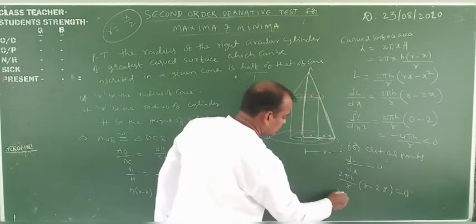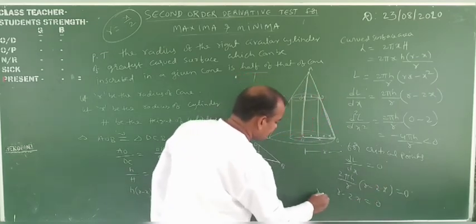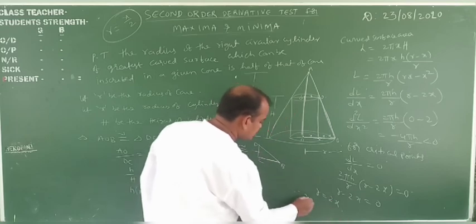This total is 0, so R minus 2x is equal to 0. Therefore, x is equal to R by 2.